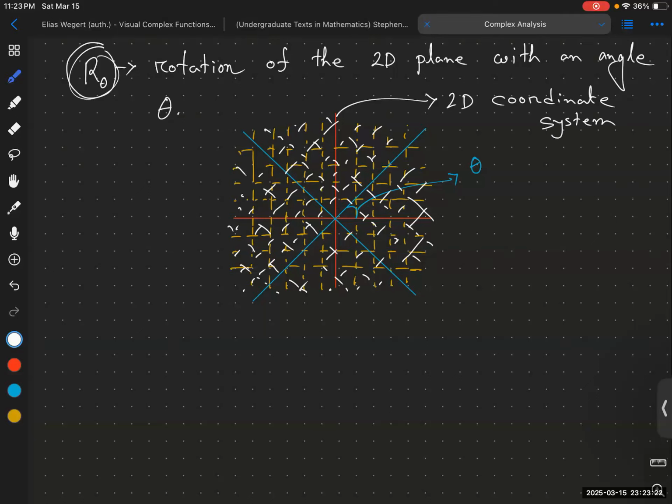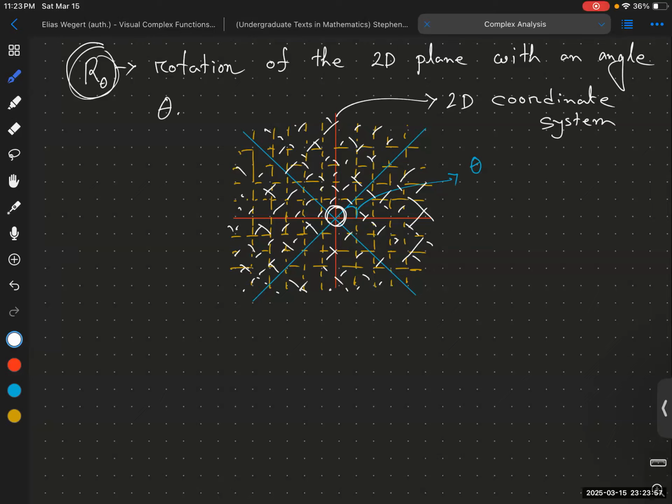And R theta is doing a rotation by an angle theta, that is, it is rotating the coordinate system by an angle theta. So by definition, it is a linear transformation, because obviously our origin is fixed. As we are rotating with an angle theta, we are not shifting our origin. In the previous coordinate system, our origin was 0 0, and in the rotated coordinate system, our origin is still 0 0.